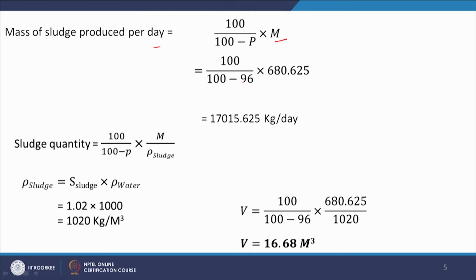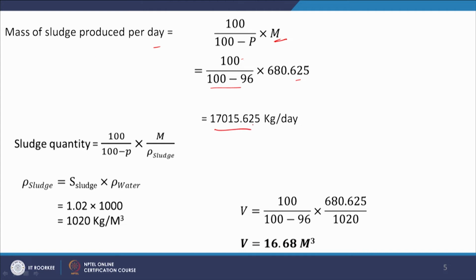So, the remaining 100 minus P is solid. If solid is this much, the remaining will be water, and then total sludge will be 100. So, 100 divided by 100 minus 96 into the solid produced, that is 680.625.